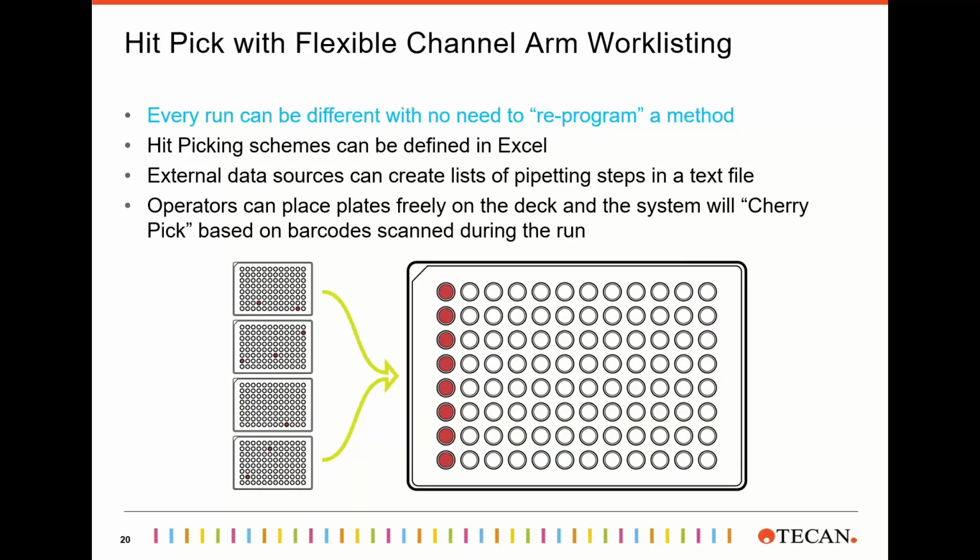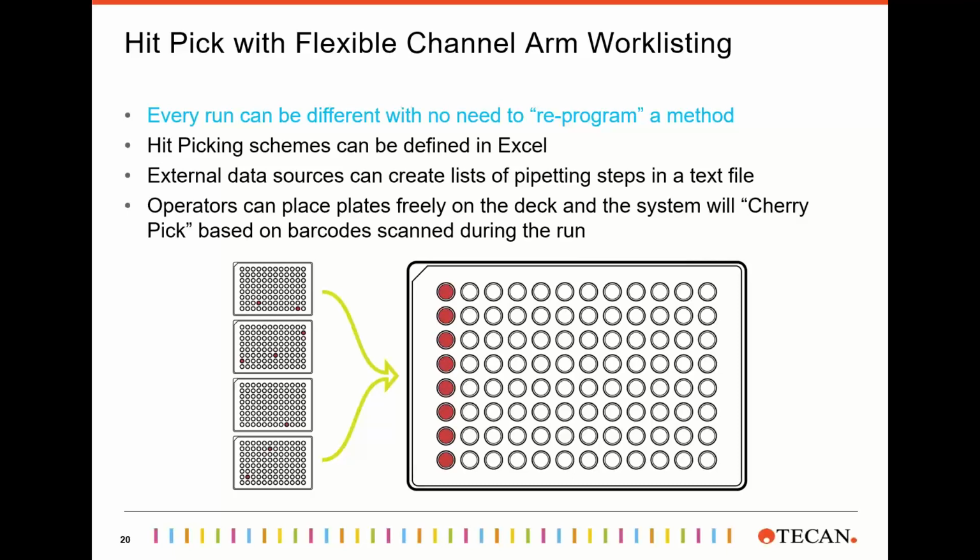The flexible channel arm also allows hit picking through work listing. You can define which samples are of interest to you in an Excel sheet, and then the software can convert that Excel sheet into a GWL file, is what it's called, and just use the information from that file to cherry pick samples from different plates and put them into one plate for cherry picking.